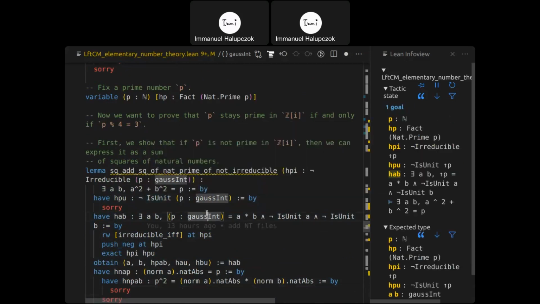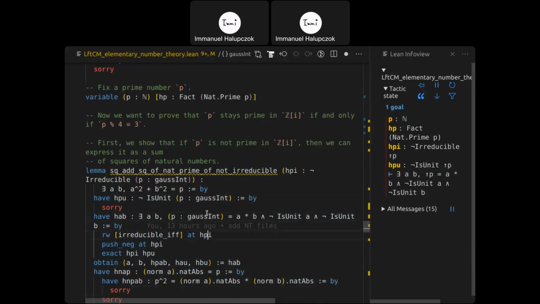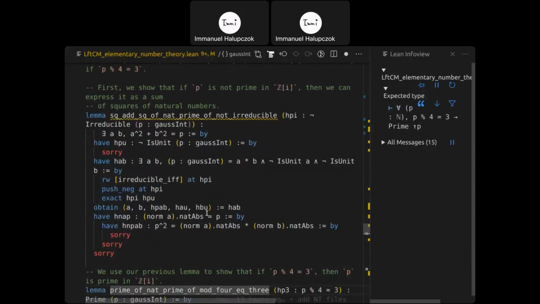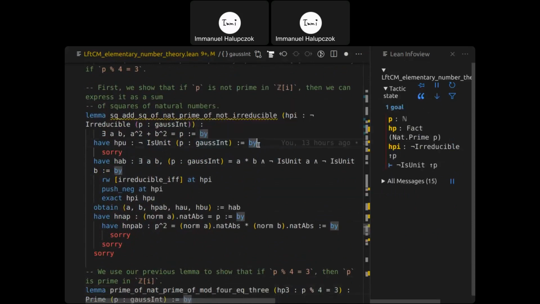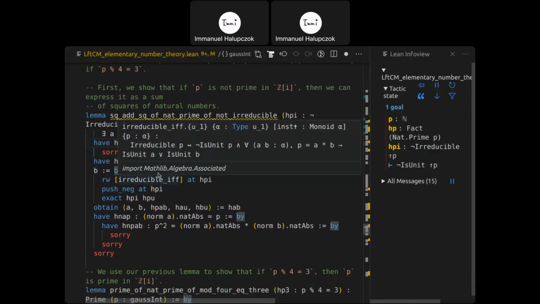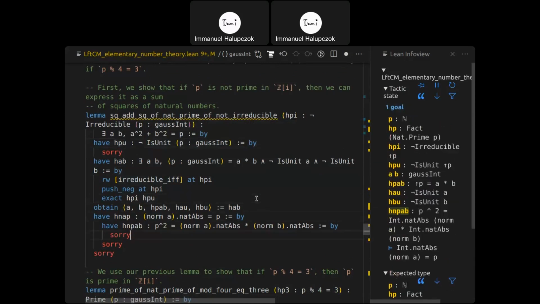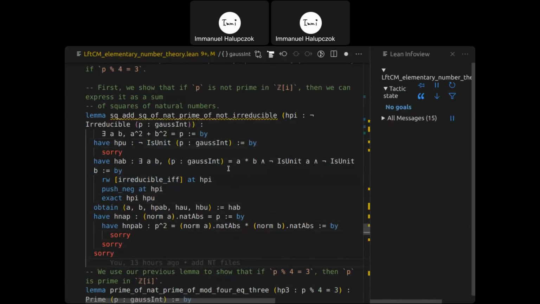Okay, so this is a sketch of this proof. First we prove that p is not a unit. Then we prove that we can express it as the product of 2 Gaussian integers for which none of them are units. And then from that, if you think about how multiplication is connected with the norm and so on, you will be able to get to this expression p equals a squared plus b squared.